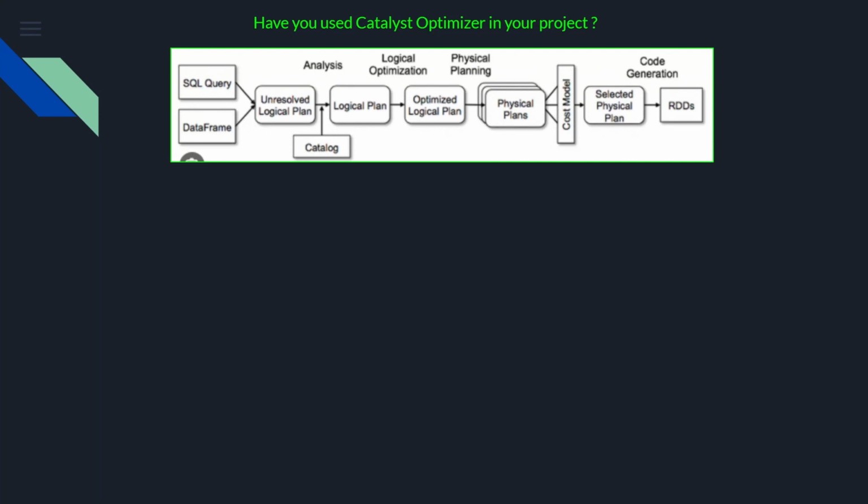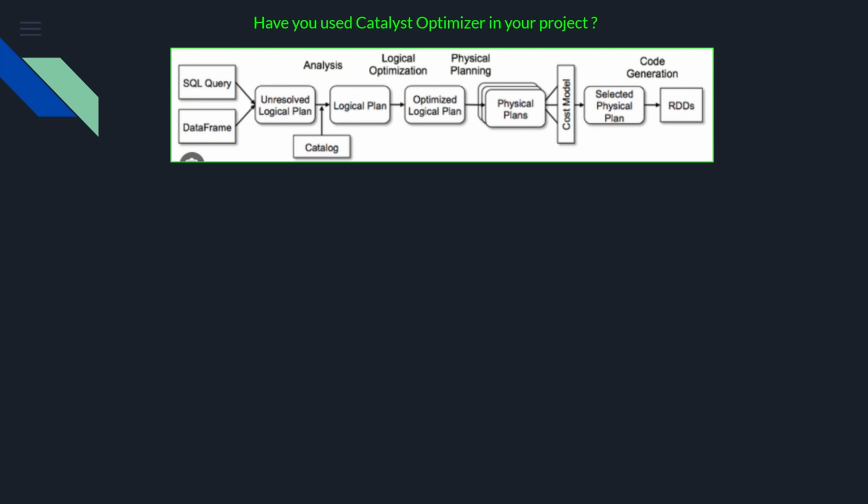So here is the overview of how the Catalyst optimizer works. It uses a tree-based architecture to represent queries, which allows it to apply optimization rules in a modular way.